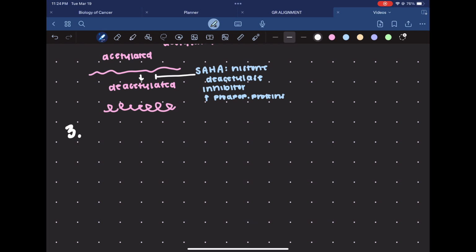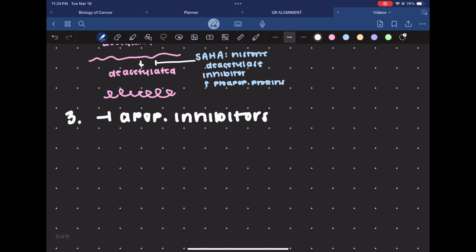We can also inhibit apoptosis inhibitors, right? So we talked about IAPs, which are essentially, if we just draw them out, inhibiting the transition of procaspase 9 to caspase 9, its active form. That's the process that we're inhibiting with IAPs.